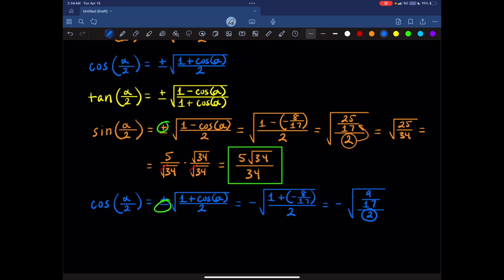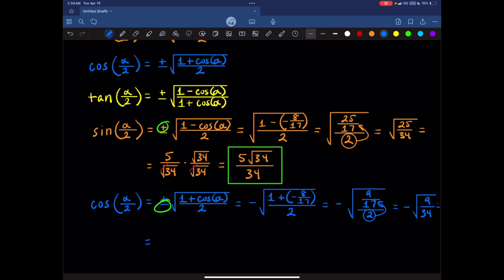Kick up this 2. 17 times 2, that's 34. We're going to get negative square root of 9 over 34.